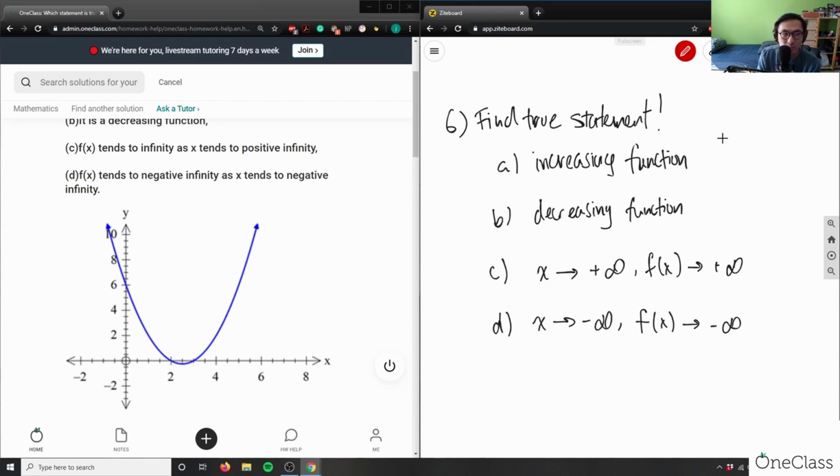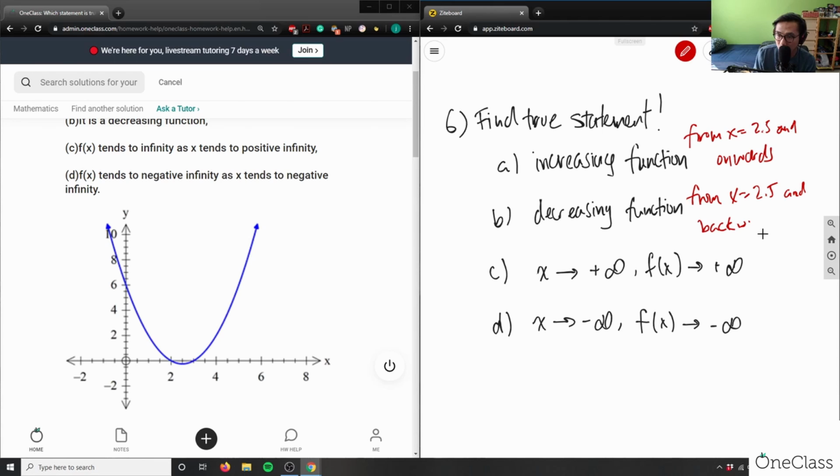So from where x is equal to 2.5 and onwards, it is an increasing function, and from x equals 2.5 and backwards, in this case it would be a decreasing function because the value decreases here.